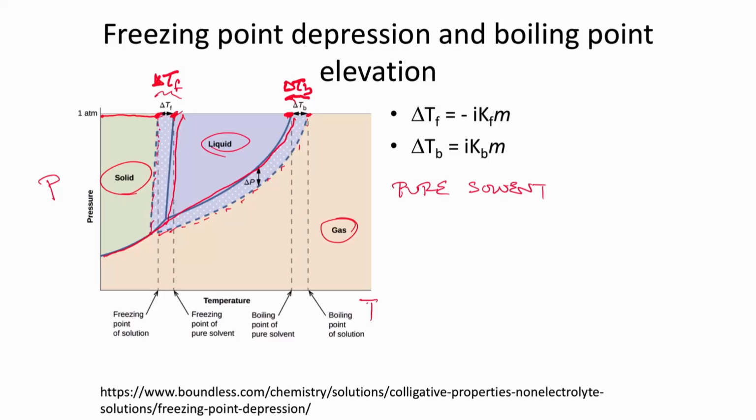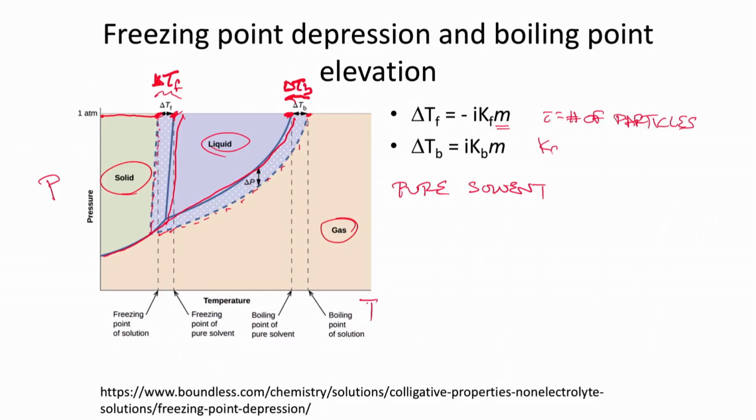There are formulas that say that the change in the freezing point is directly proportional to the molality of the solution. Delta TF equals minus i times KF times the molality. And i is related to something called the Van't Hoff factor, which is just a fancy way to say how many particles you have in the solution.